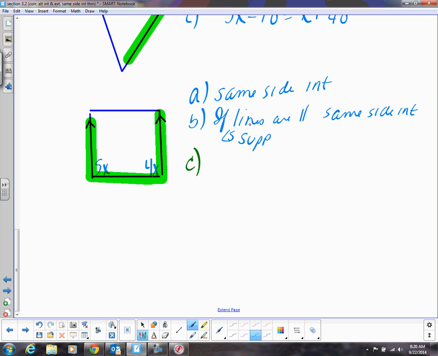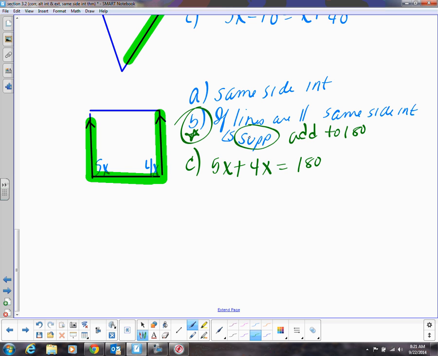Okay, what does supplementary mean? They add to 180. So that's it. What do you do with these two things? Add up and set them equal to 180. Exactly. That step B is going to tell you exactly what you need to do. So you have 9x equals 180, and you solve from there.